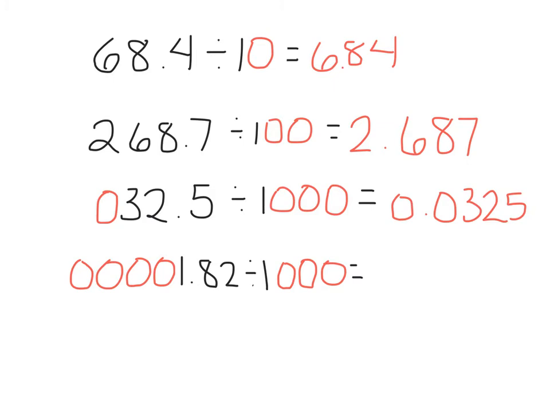So it's going to look like this: 0.00182. So remember, you count the number of zeros in the divisor, and you're going to just move that decimal that many places to the left.